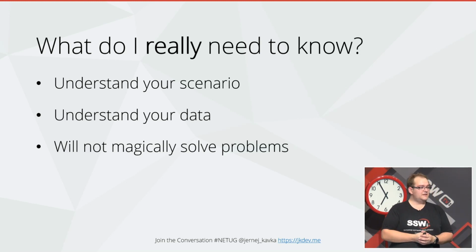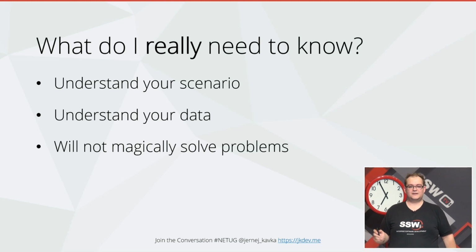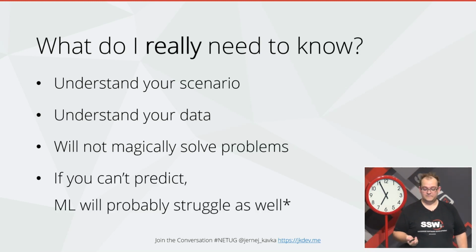Machine learning will not solve your problems magically, but if you apply a little bit of common sense, and if you really think about what you want to solve and look at the data and see, can I actually do prediction from that data, then it may actually solve your problem much easier than you would think.